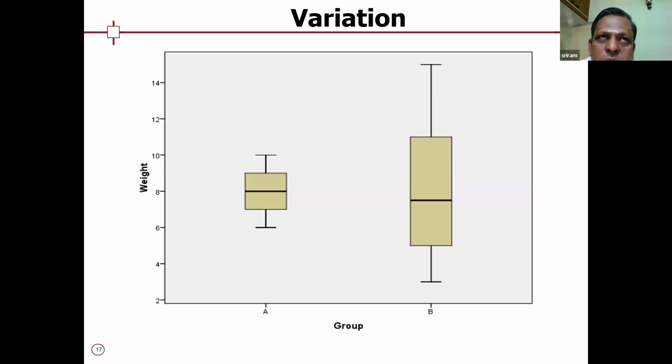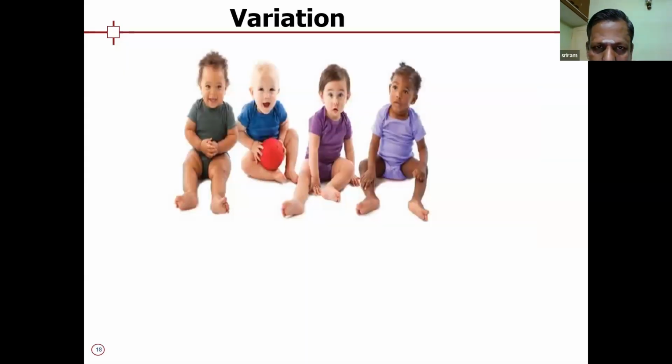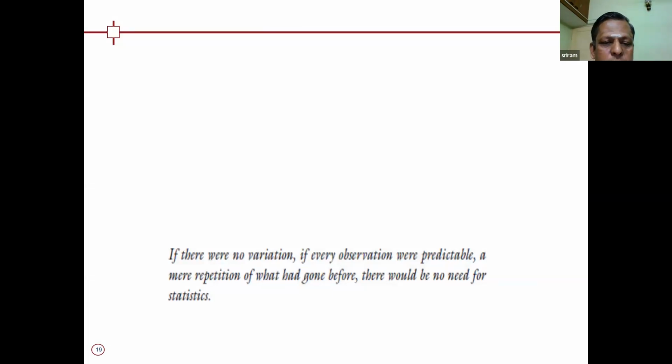What are the things involved in statistics? Variation is one form of human variation. If you want to analyze that, in humans there is also variation. So the message is, if there were no variation and if every observation were predictable, the mere repetition of what has gone before, there would be no need for statistics.